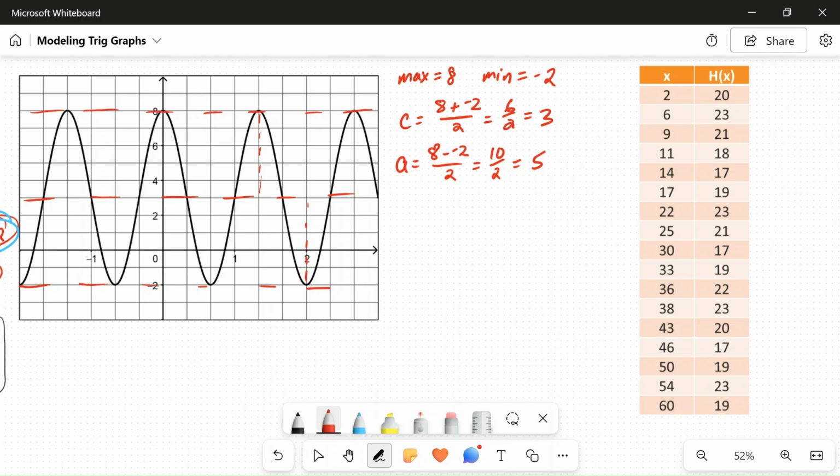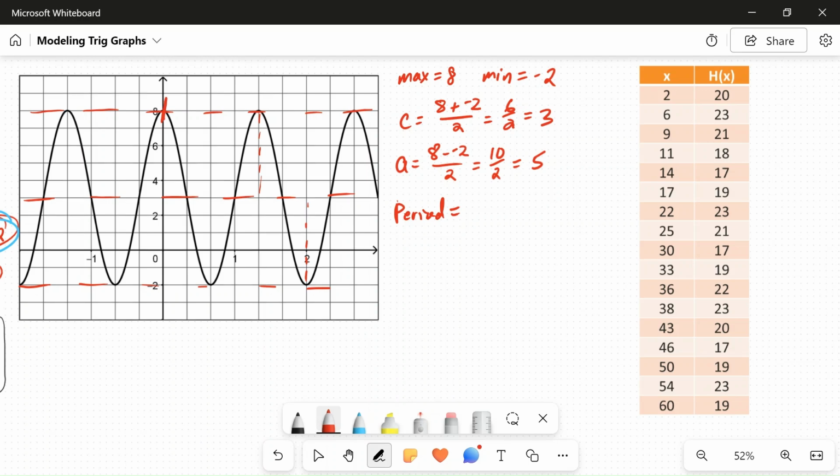All right, next, let's try and find our period. Okay. So again, there's several ways that we could do the period. We could finish drawing the box. Instead, this time, let's just go from max to max.